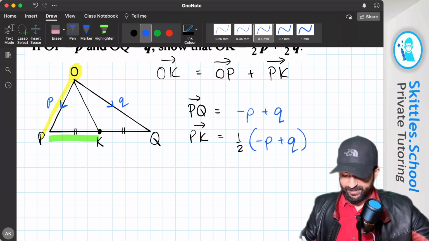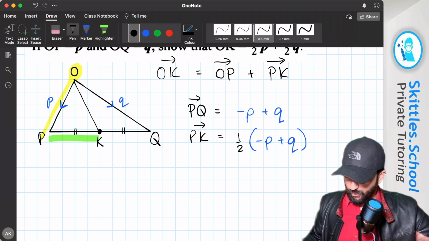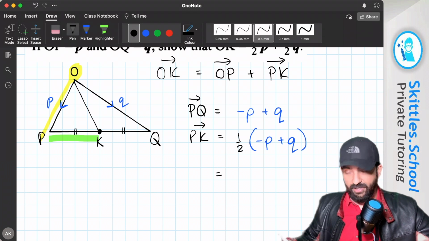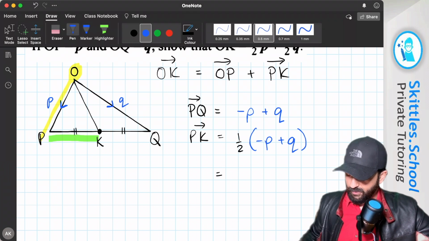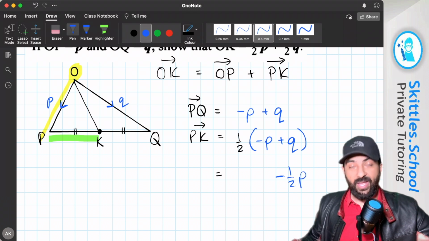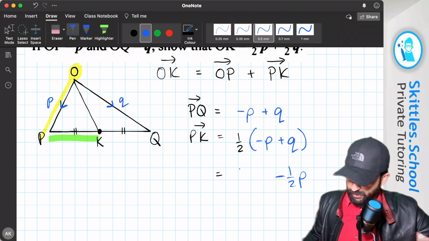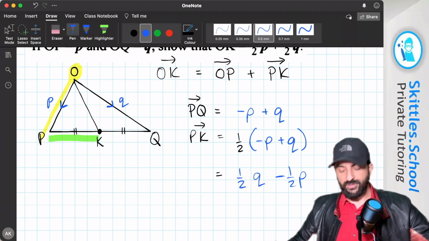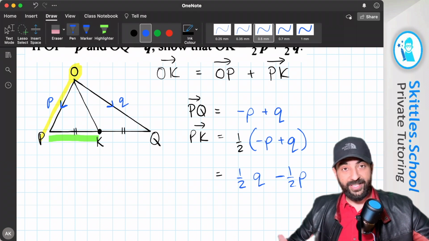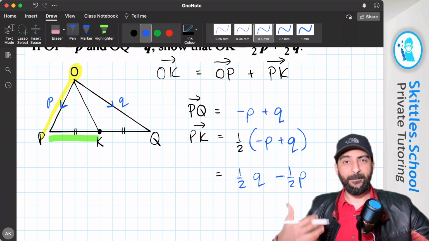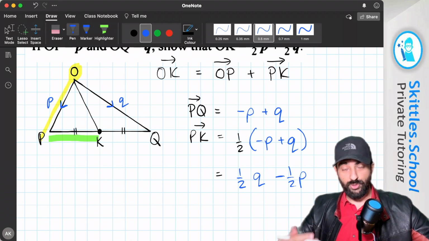So it's half of minus P plus Q. Okay. Now let's expand this. So P to K is 1/2 times minus P, which is minus 1/2 P, and 1/2 times positive Q, which is 1/2 Q. So now we've got our vector for P to K, that green vector. Now we can put it back into our original vectors.